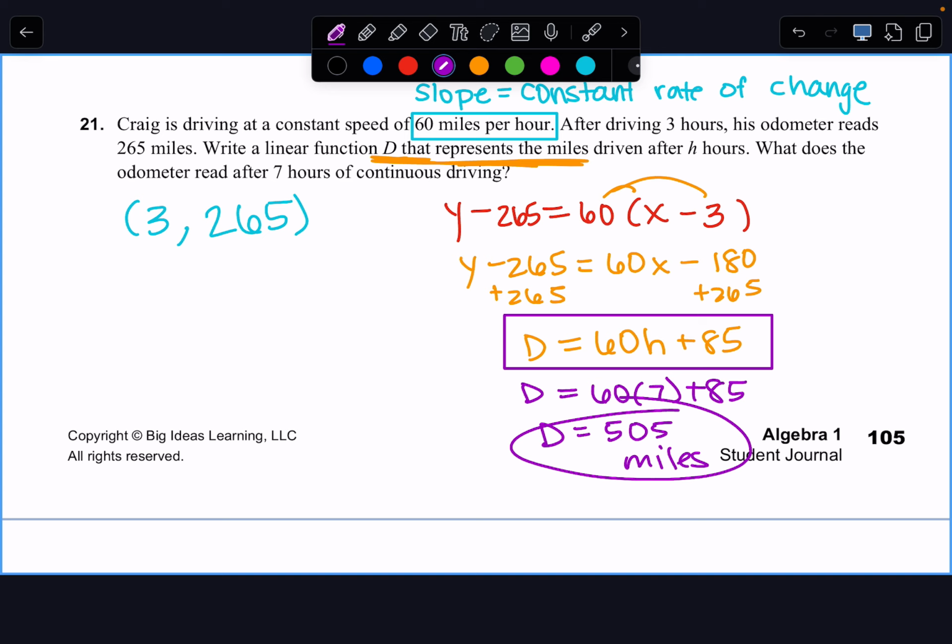So we know that h is our independent variable, and d is our dependent variable because the number of miles that we drive has to depend on how long we've driven. So when we can pick out which one's independent, which one's dependent, we know which one's x, which one's y. Does that make sense? Okay.